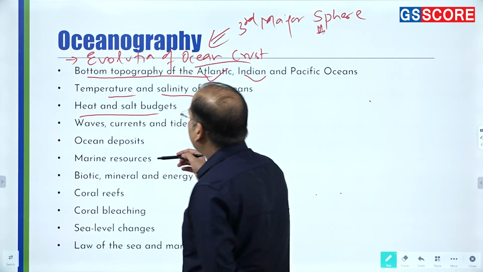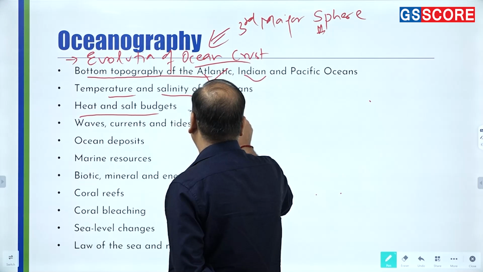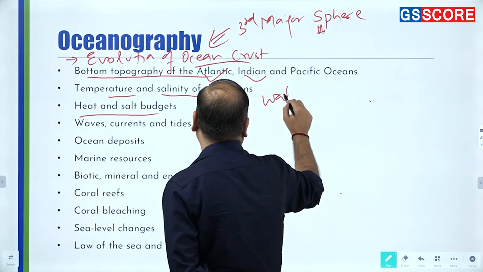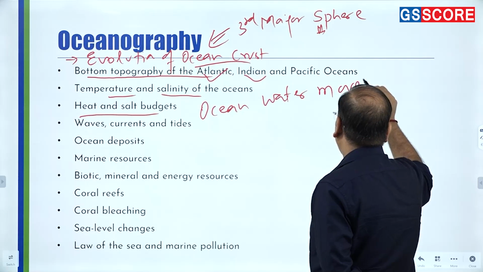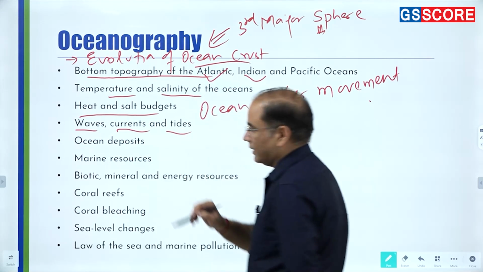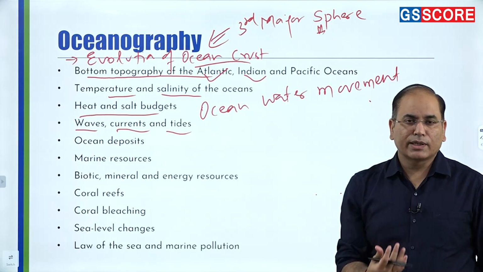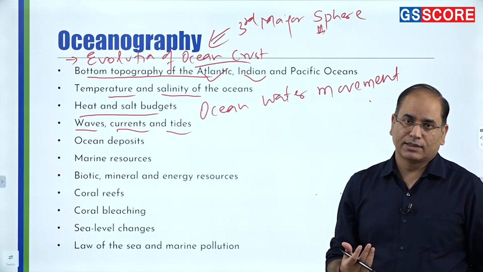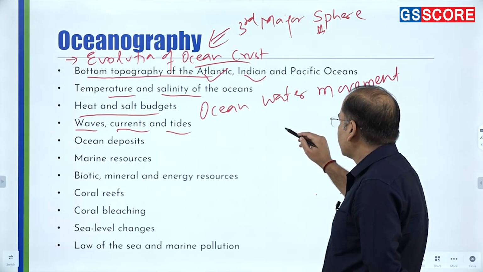Then we have oceanic movements, ocean water movements, and we have primarily three movements: waves, currents, and tides. How the ocean currents originate, what are the forces associated with the ocean currents.